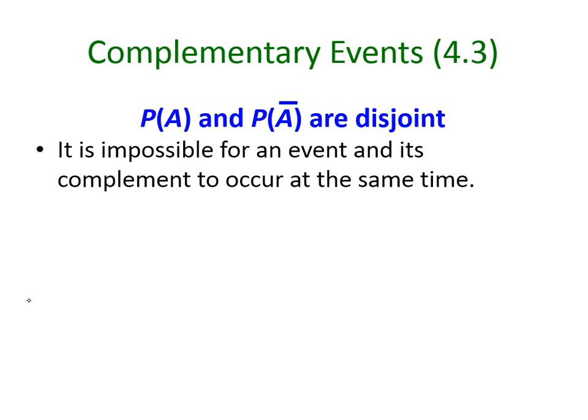Complementary events is looking at the probability of A happening or the probability that the complement of A is occurring. Remember when we talked about A bar, that's saying it's everything that's not A. Well, these things are disjoint, meaning it is impossible for an event and its complement to occur at the same time. So if A was that I was going to roll a 2, what would A bar be?